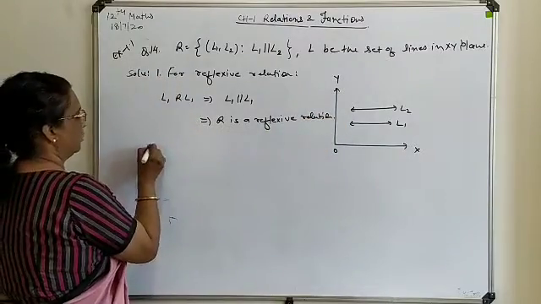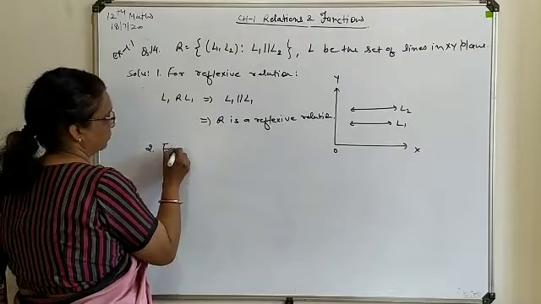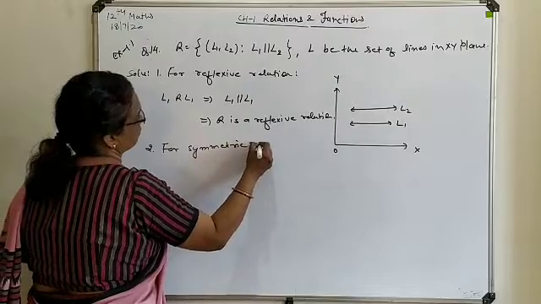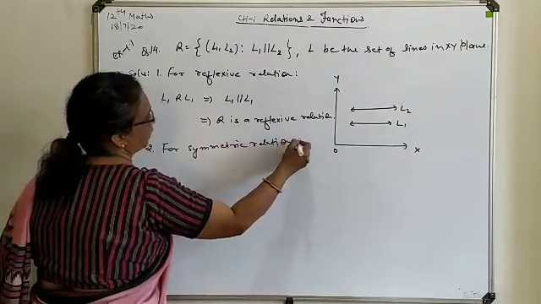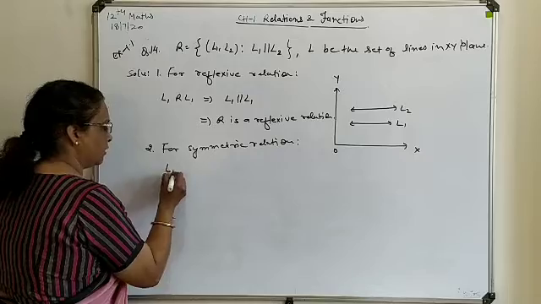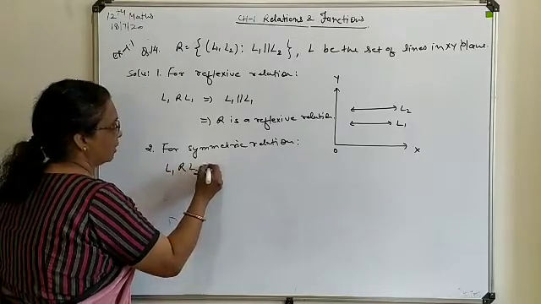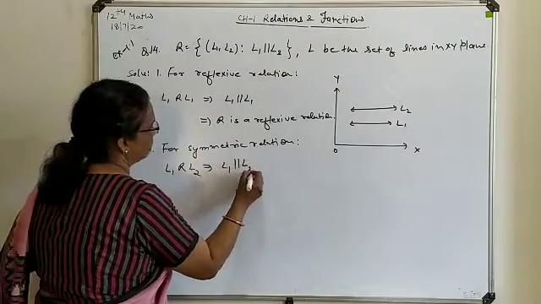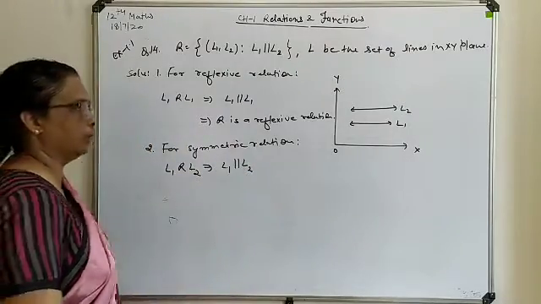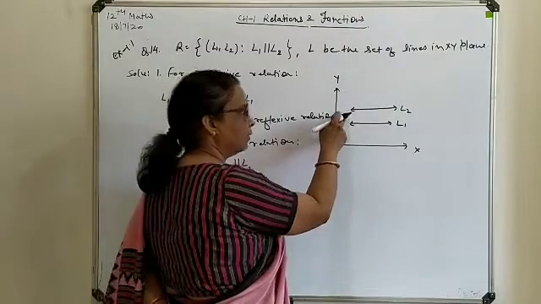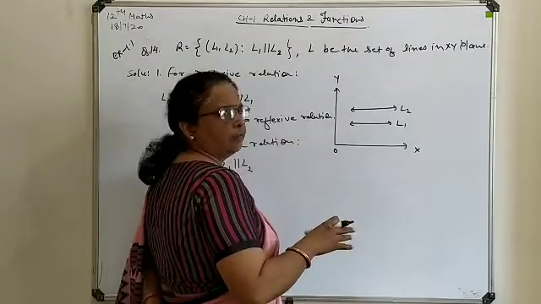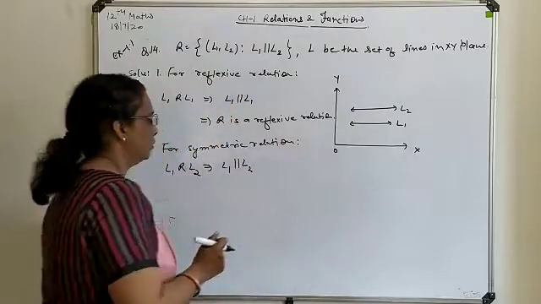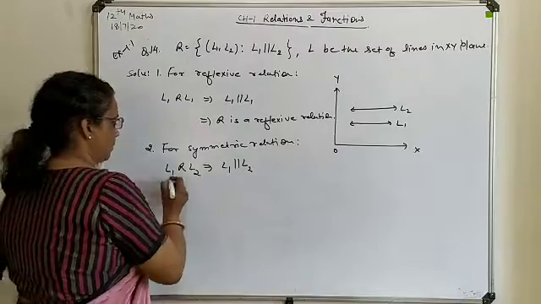Second, if you talk about the symmetric one, first of all we take L1 related to L2. That means it is already given that L1 is parallel to L2. If you look at the same diagram, you can say L1 is parallel to L2, or in reverse order L2 is parallel to L1.